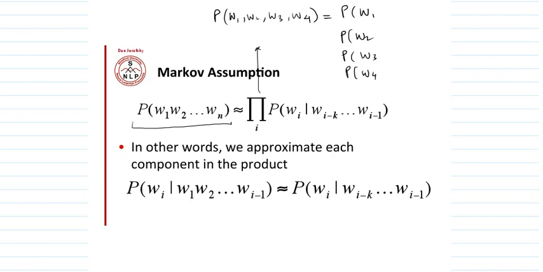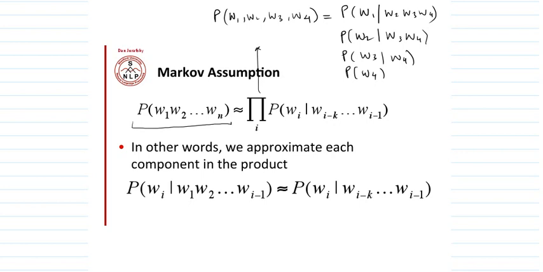This is the joint probability, and we are decomposing it by the chain rule, so we will write here W2, W3, W4, and W3, W4, and W4 here. So this is the chain rule.